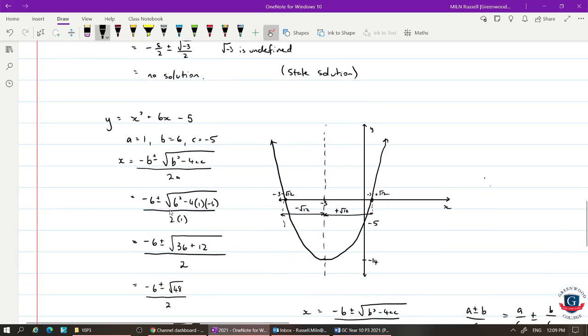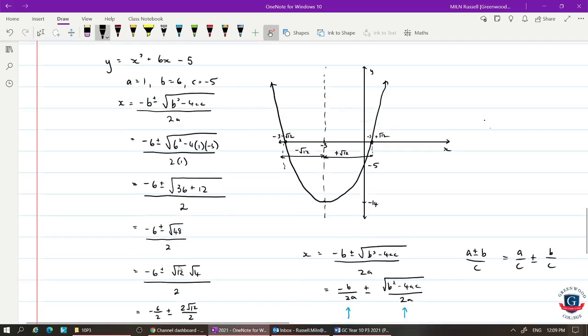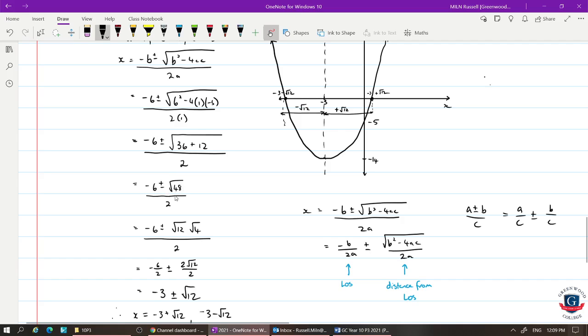Here's one where it does work. So x squared plus 6x take 5: a is 1, b is 6, c is -5. Substitute those values into the formula, you get this. Simplify this, you get this. You end up with -6 plus or minus root 48 on 2. Now, we're going to simplify this root 48. 12 fours are 48. Root 4 is a square number, so that will simplify to 2.